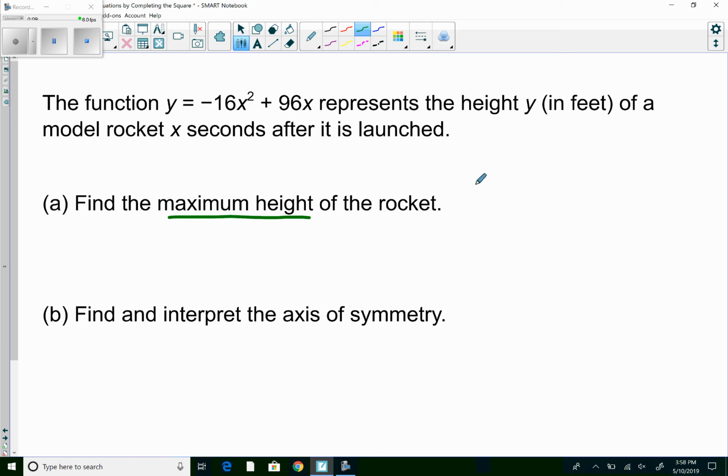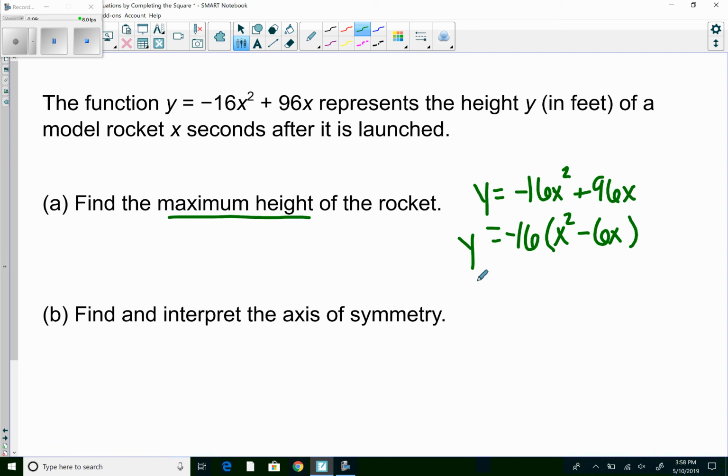First thing that I suggest that we do here, ladies and gentlemen, is, after I finish writing this down, let's first, I have a factor of 16 in here. Let's get that out of there. So this is x squared minus, let's see, that should be 6x, and that equals y.